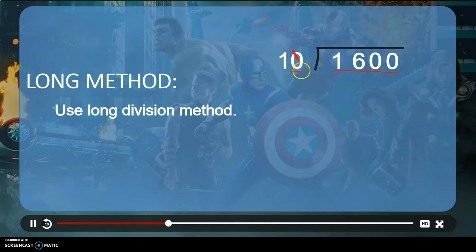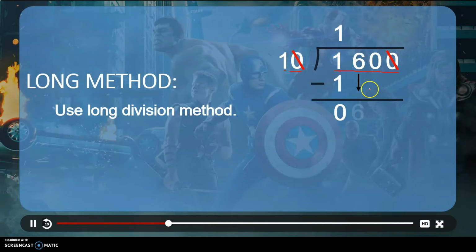So, we only have 1 zero in the divisor, automatically 1 zero in the dividend. So, let's divide. 1 divided by 1 is equal to 1. Then after we divide, we'll multiply. 1 times 1 is equal to 1. Then after we multiply, we'll subtract. 1 minus 1 is equal to 0. Then after we subtract, we will bring down.